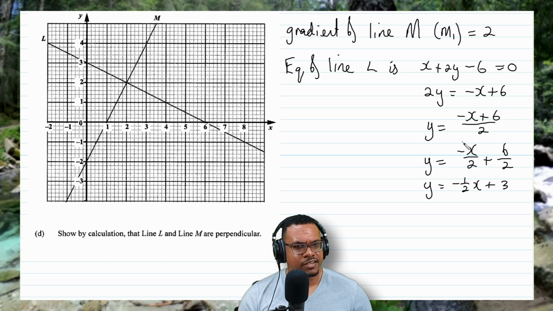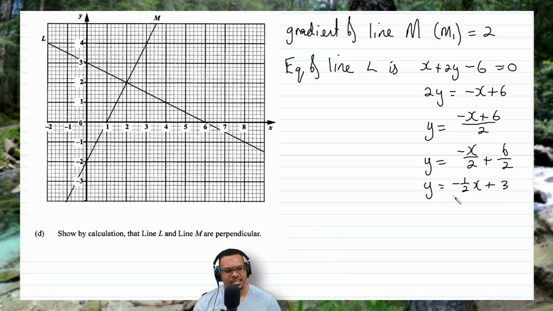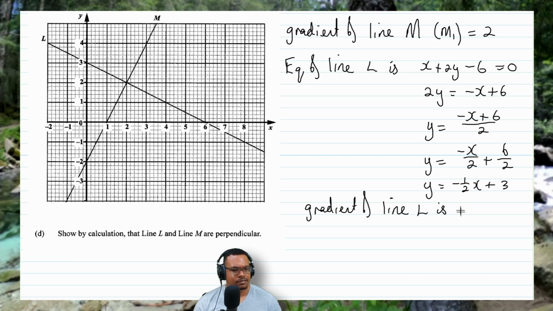All right, so this means for the line L, the gradient is negative a half and the y-intercept is 3. But all we are interested in here is the gradient. So the gradient of line L is negative a half. So I'll say M2 is equal to negative a half.